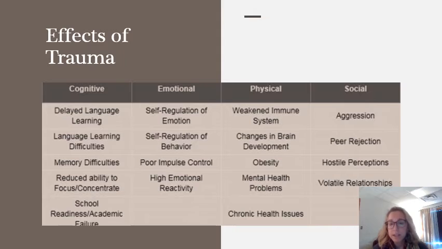You have aggression, peer rejection, hostile perceptions, and volatile relationships. Now, all of these also correlate with the ACEs that we talked about previously. It is important when we work with families to give families the ACE in order to understand their own trauma in their life.